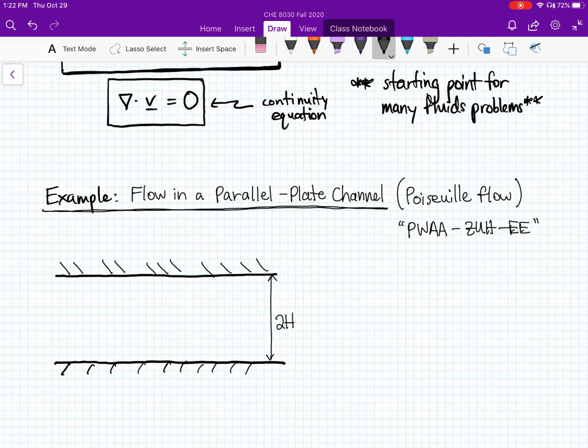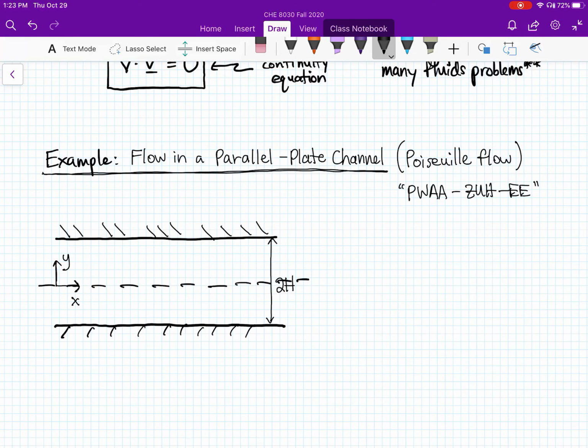Because those two plates are stationary, we have symmetry in our problem. And we will define our coordinate system like that.